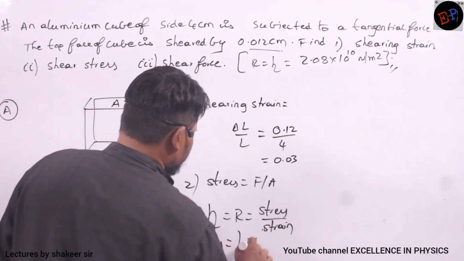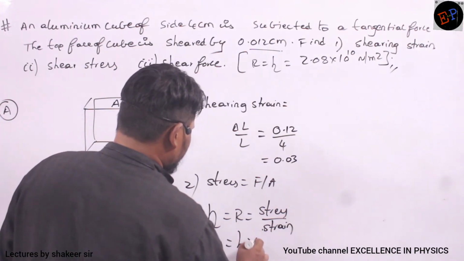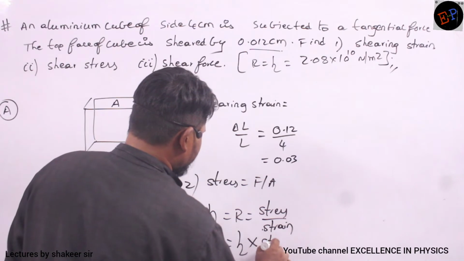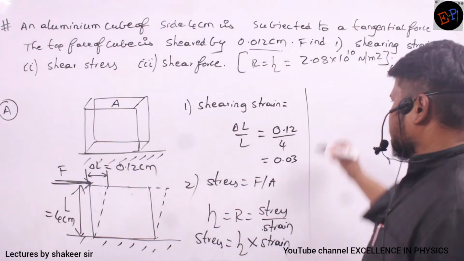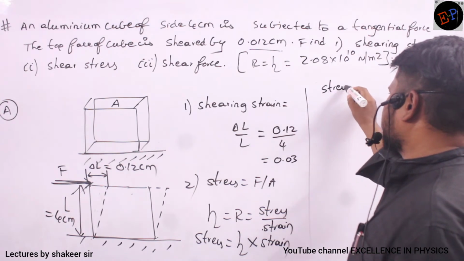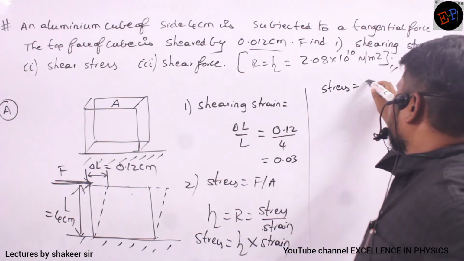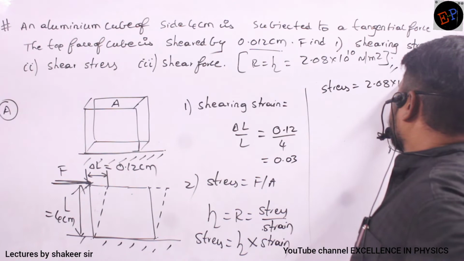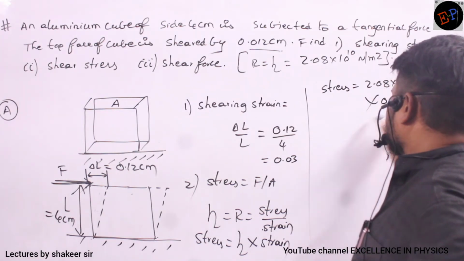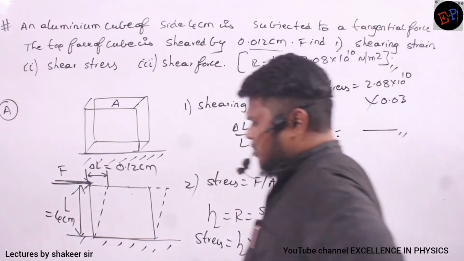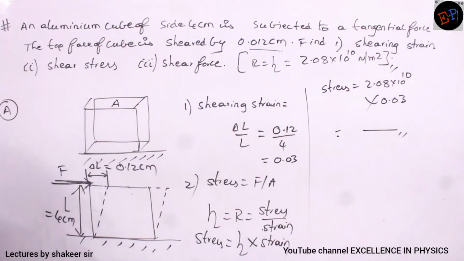Rigidity modulus or shearing modulus multiplied by strain. So therefore, do the calculation here. Stress is nothing but eta value, which is how much? 0.08 into 10 power 10 multiplied by strain. Strain is 0.03.